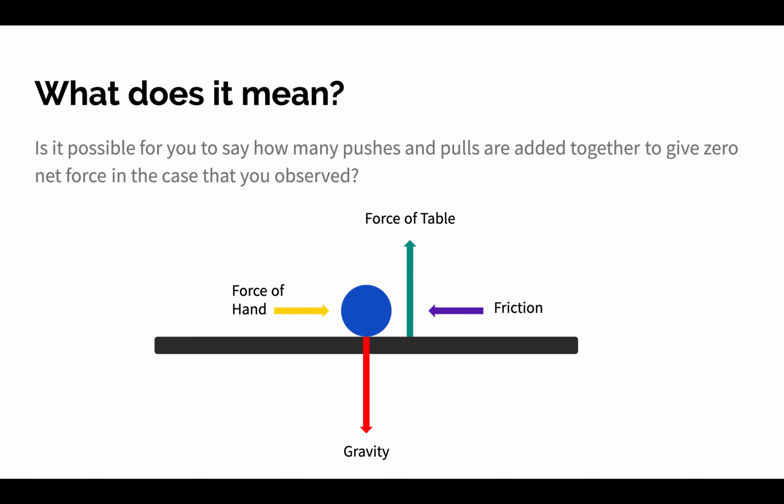In a perfect system, those would cancel to give you a zero net force. The force of gravity and the force of the table will always cancel, giving you a vector of 0. And assuming that the ball is moving in a straight line in the x and y coordinates, the z vector would also be 0.